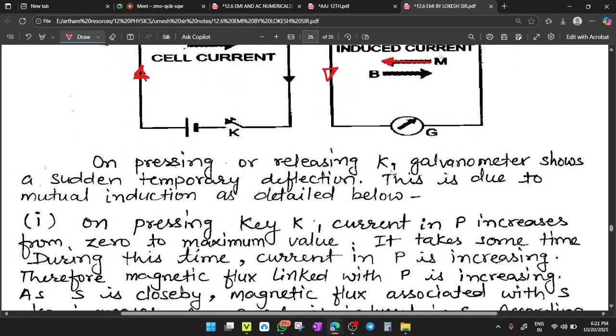On pressing or releasing key K, whenever you press the key K, initially the battery was disconnected, so the current was zero. Yes or no? But as you press the key, like there is a 10-volt battery, the current rises. As the current rises to the maximum value, the flux is also rising.